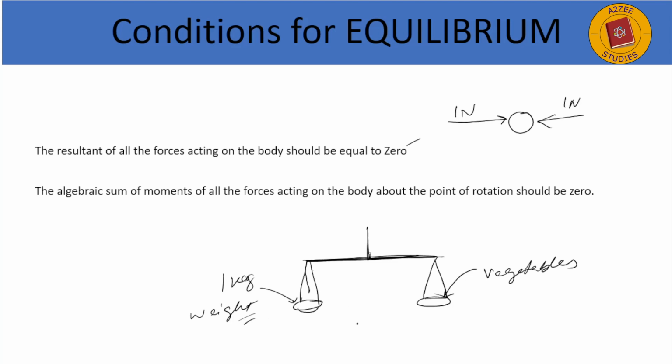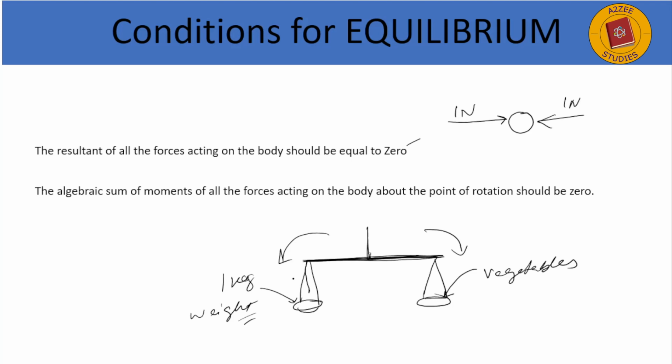So this is the point where this clockwise moment is equal to the anti-clockwise moment. So at this point this beam balance attains equilibrium.